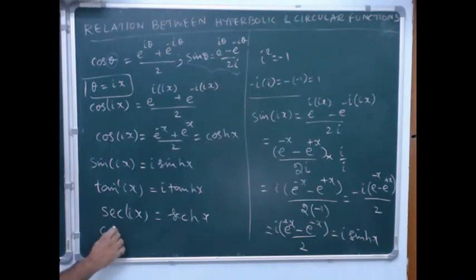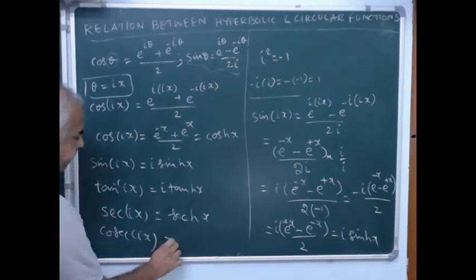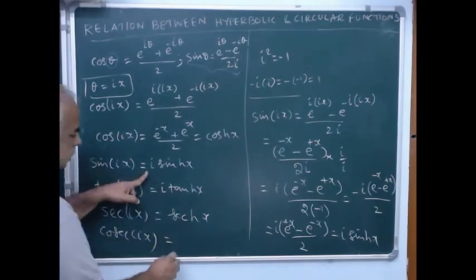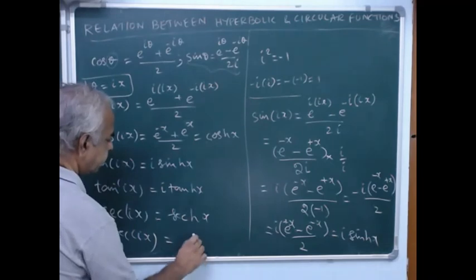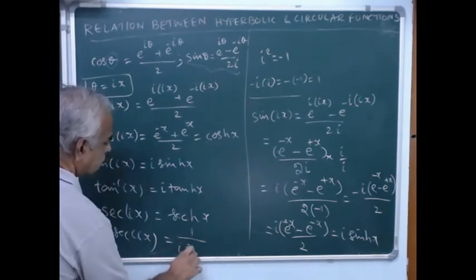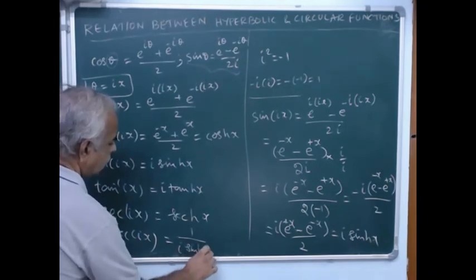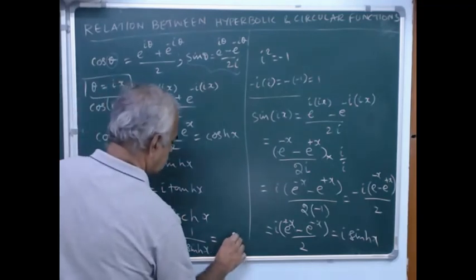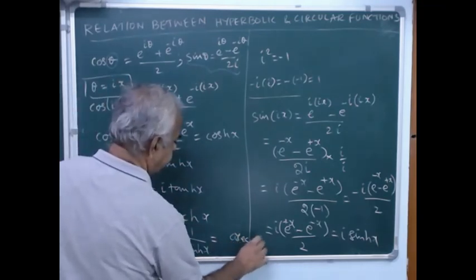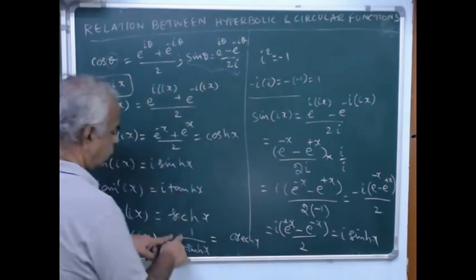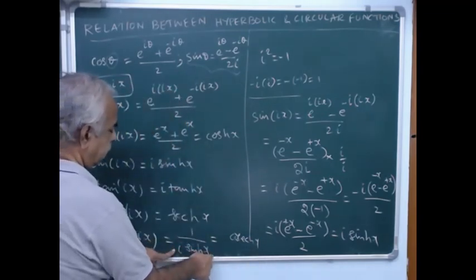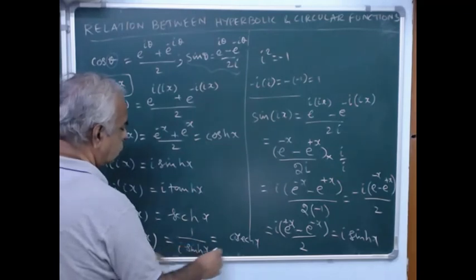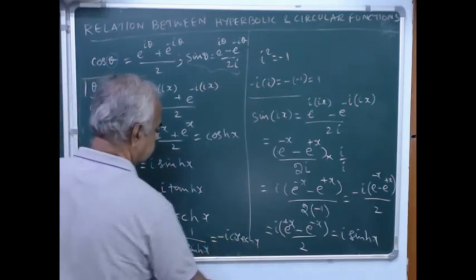So cosecant of ix can be given as 1 by i sinh x. So 1 by sinh x is nothing but cosech x, and 1 by i, once again you can multiply and divide by i, so it becomes i squared is minus 1, so you can put minus i here.